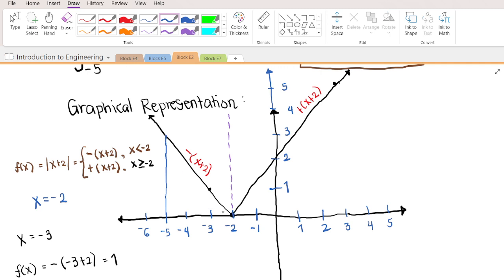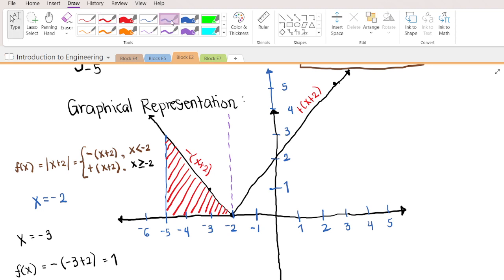So there is a point. The area under that curve is basically this one. So we have actually solved for the area of the region under the function -x plus 2.